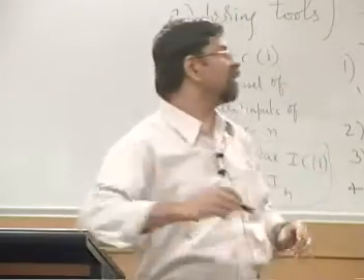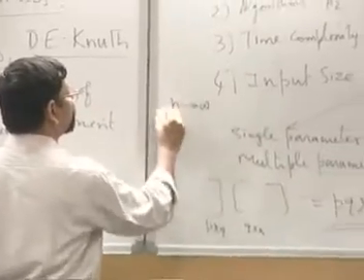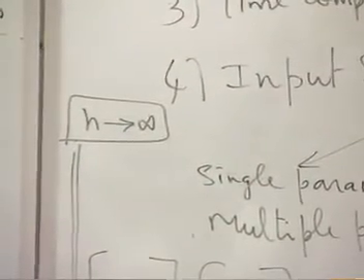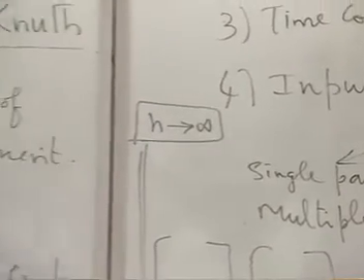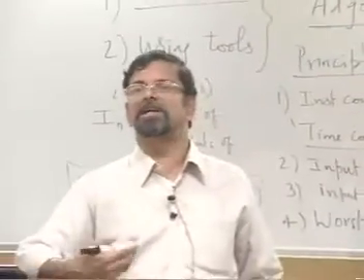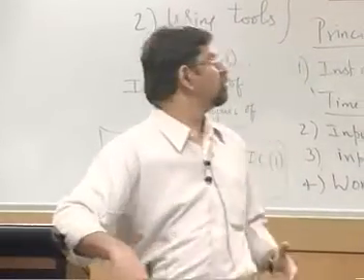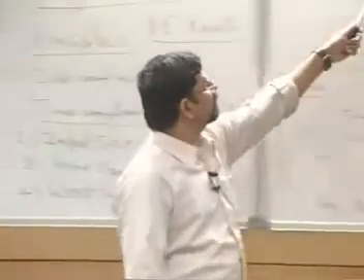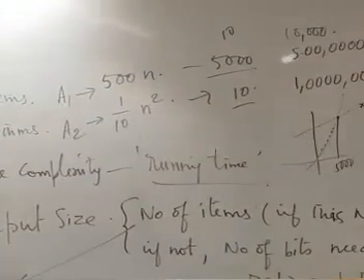Okay? Study of any function as the parametric value tends to infinity is called, in mathematics, asymptotic analysis. So asymptoticity means studying the behavior of the function as n becomes larger and larger. In other words, as n tends to infinity, how this behaves and how this behaves, and what is their relative behavior.